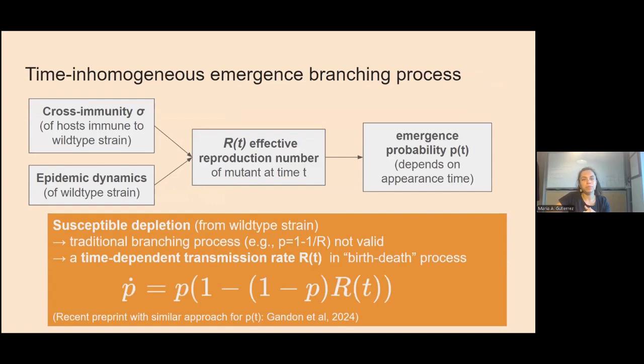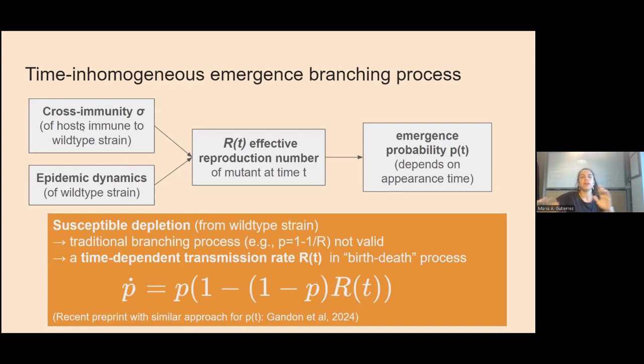Another important assumption is that I'm assuming that the spread of the mutant does not affect the epidemic dynamics of the wild type strain. But of course, the epidemic dynamics of the wild type strain are going to be really important for the mutant because they are going to change the number of susceptible hosts that the mutant might infect. And to actually calculate the number of susceptible hosts, the cross immunity of hosts that are immune to the wild type is really important.